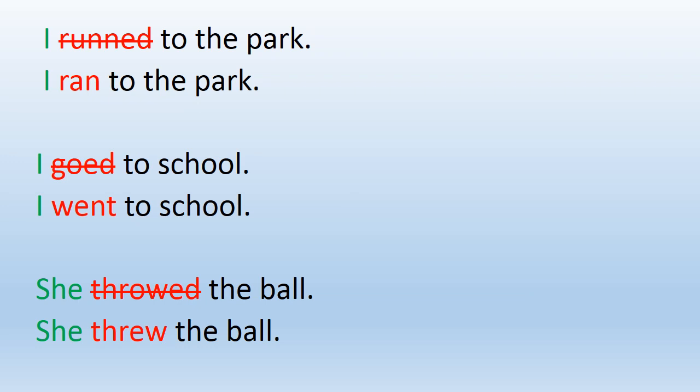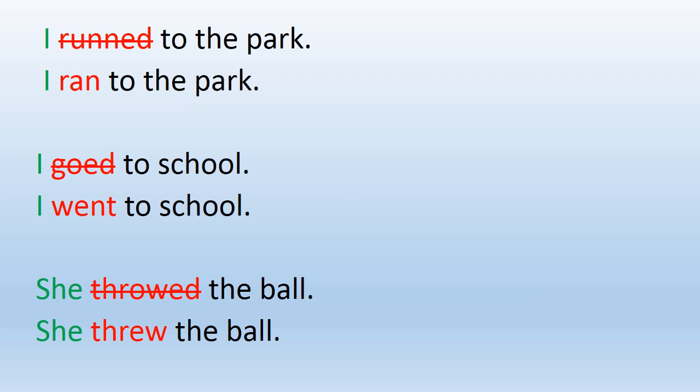And actually we need to change that verb slightly to become I ran to the park. If you were going to use the verb to go, you wouldn't say I goed to school. That verb go changes to went to school. And you wouldn't say she throwed the ball. We would say she threw the ball.